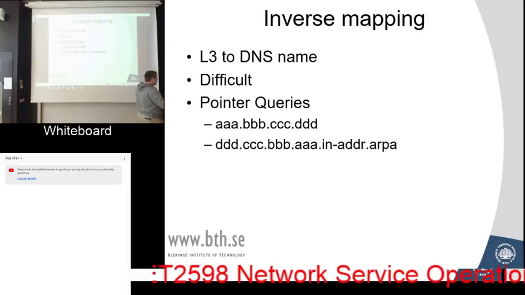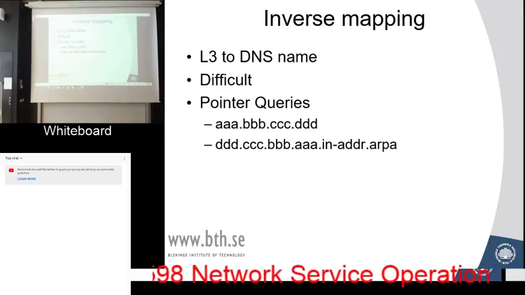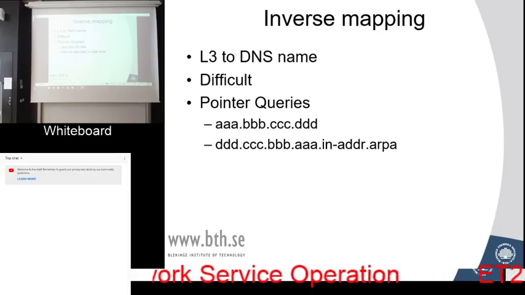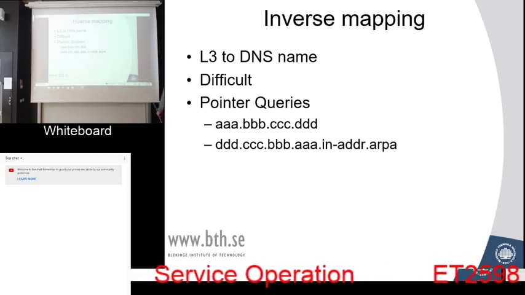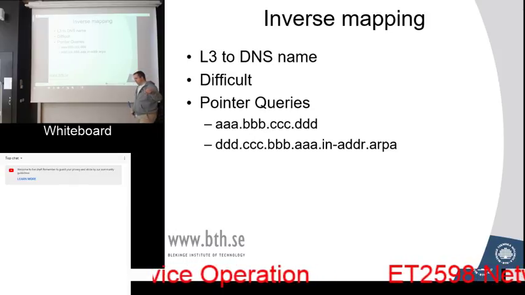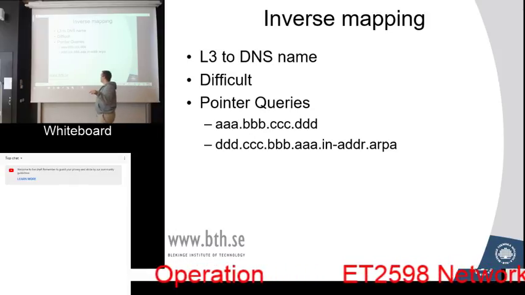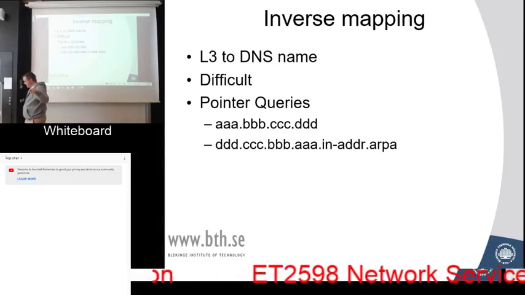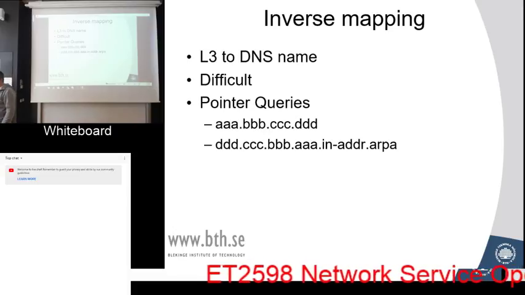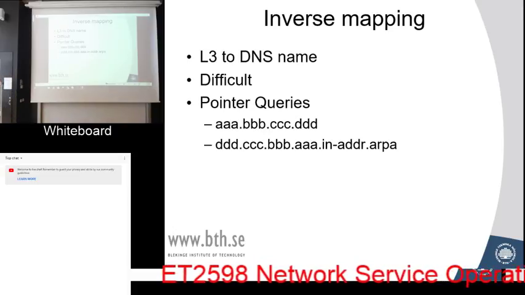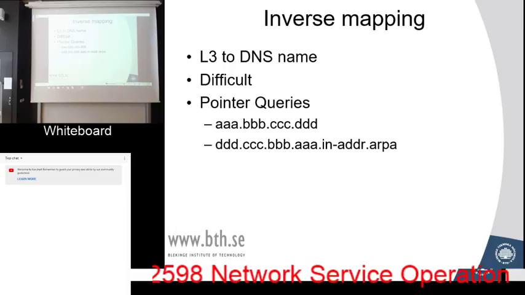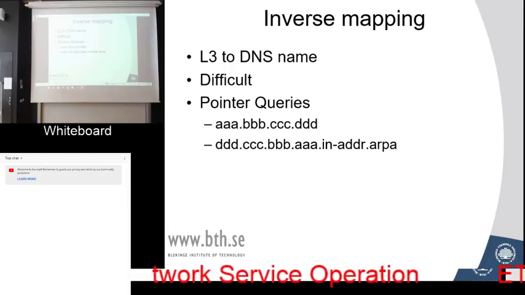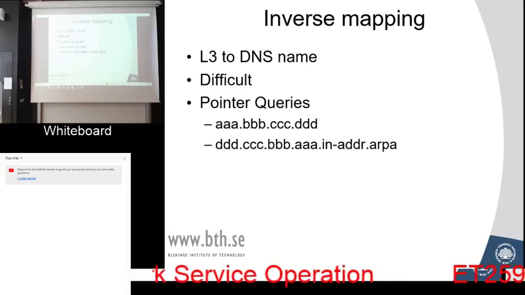When you do that, you also set up a reverse mapping that allows you to go from the IP address and then map that to an entry. The drawback there is that you will have a lot of entries because you cannot simplify that in the same way as you do with DNS names.